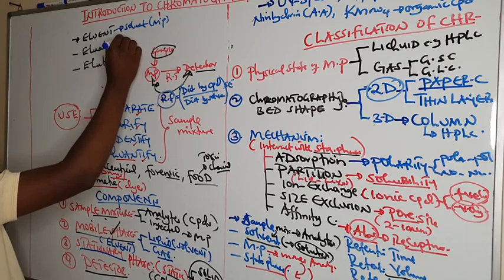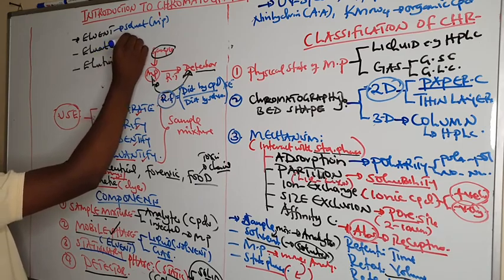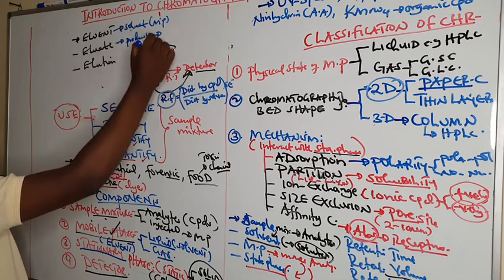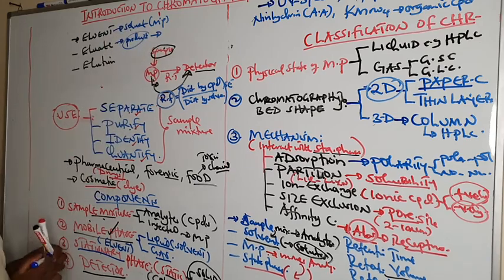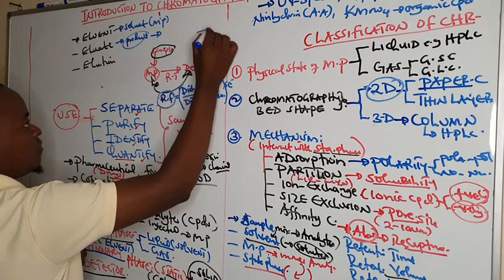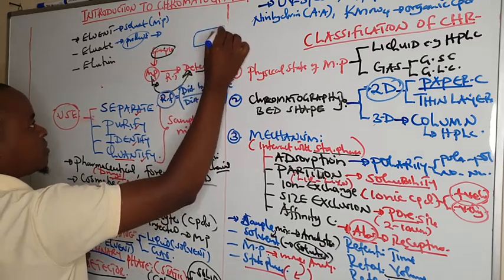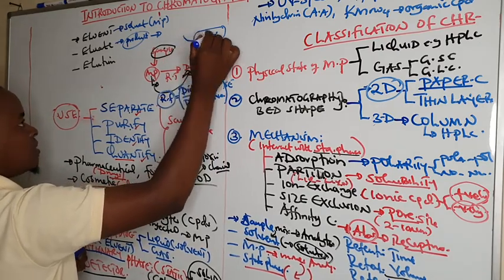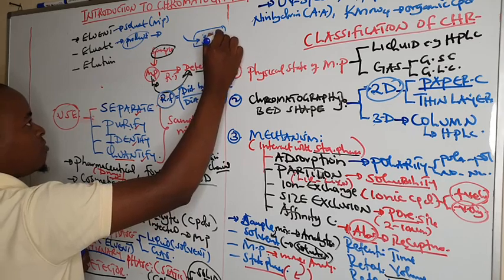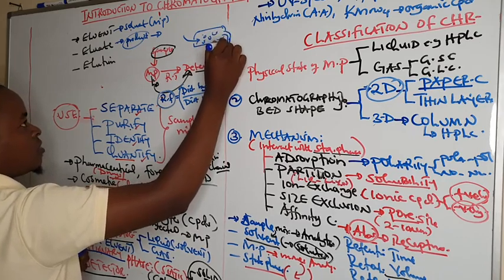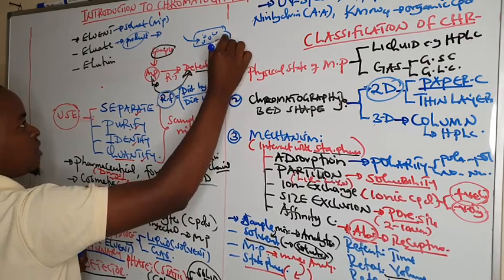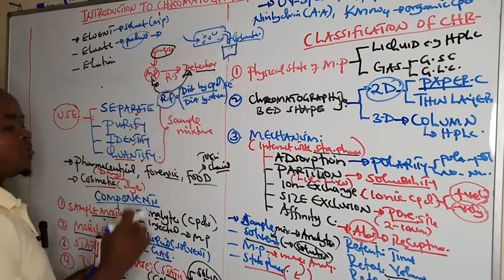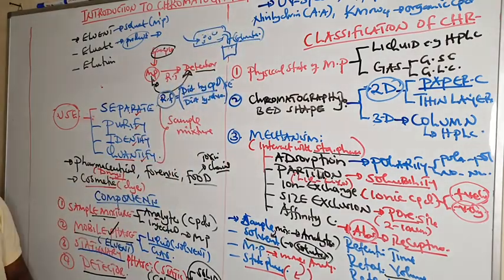Then eluate is like a product which we get after passing the mobile phase via the stationary phase. So, for example, if this is the stationary phase containing different materials, and I bring the mobile phase, what will come out of the column to reach the detector is what we are calling the eluate. So eluate is like a filtrate which passes through the stationary phase.